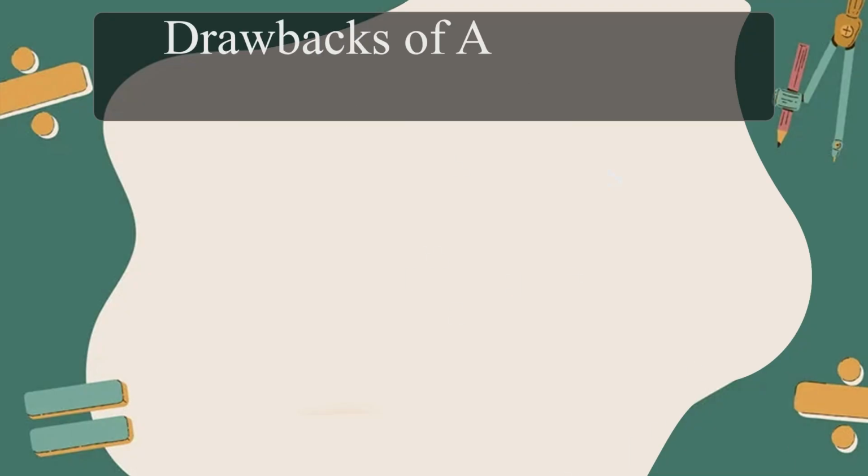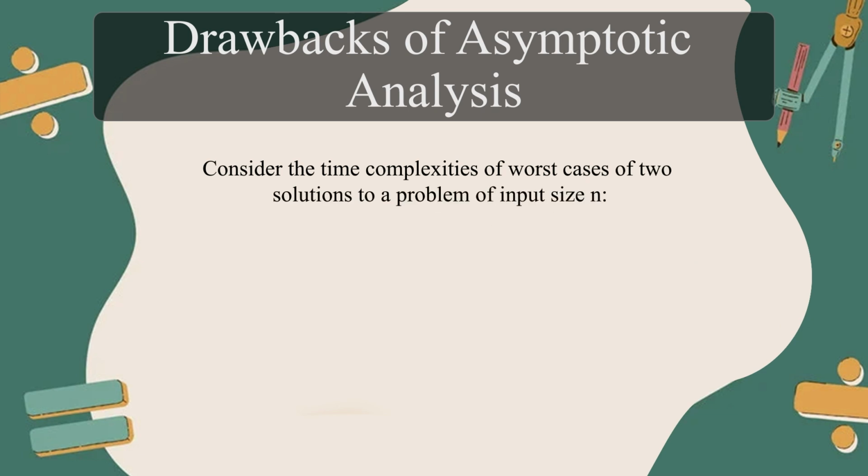Now, what are the drawbacks of this asymptotic analysis? Consider the worst case time complexity of two solutions to a problem of input size n, the same one which we used earlier, where T1(n) was 1000n square and T2(n) was 5n square.